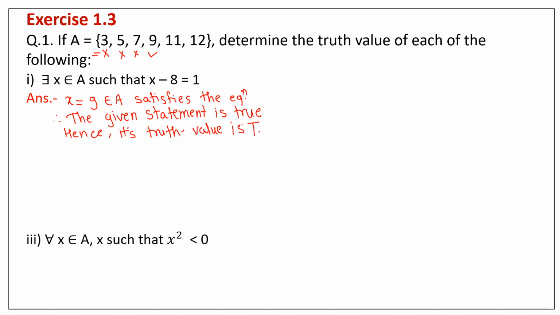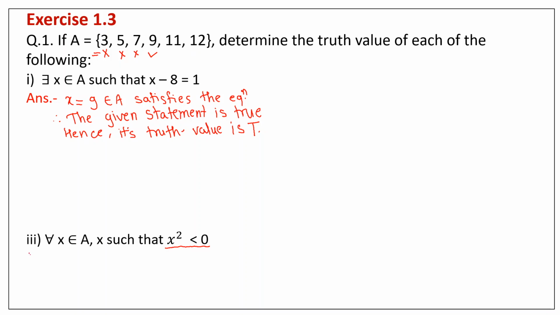Next example: for every x belongs to A, x is such that x square is negative. So this is the condition. Now we have to check whether any element of A satisfies this equation. If you check this, there is no element in set A which satisfies this equation.